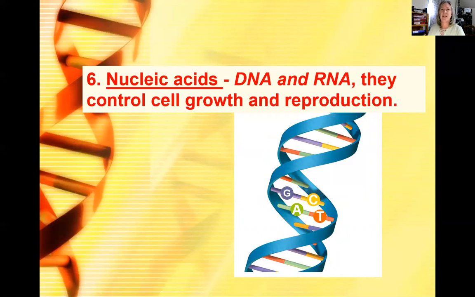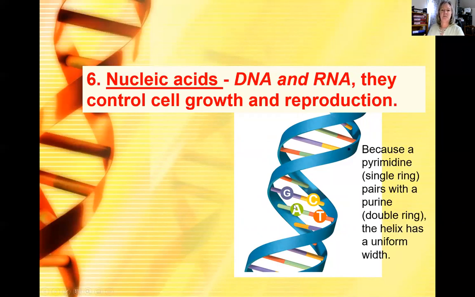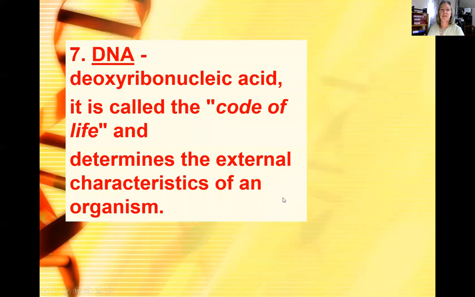A good way that I always tell students to remember this, you can think of apples are in trees and cars go in garages. So cars in garages and apples in trees. A's and T's and C's and G's. We'll get to a little difference in the RNA, but not much.